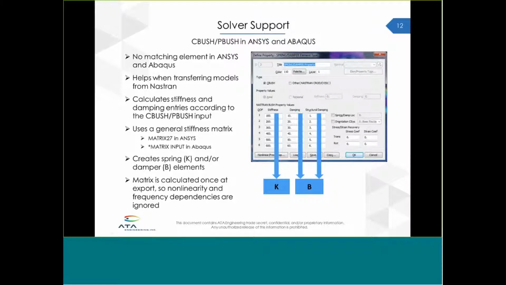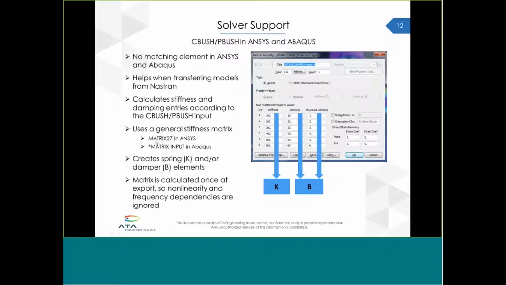If you have the normal CBUSH window up for a Nastran element, all of the stiffness values will get merged together into a K-matrix, and then the structural and regular damping will get merged into the damping matrix. If you have all of these defined, then you'll end up with two elements in your ANSYS or Abaqus model, one with the spring matrix and one with the damper matrix.